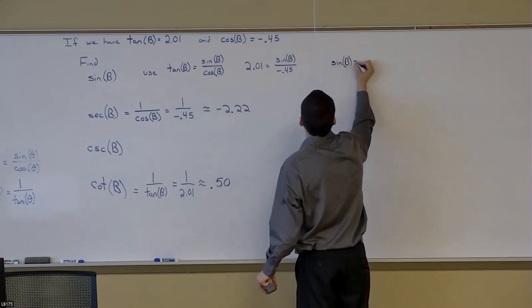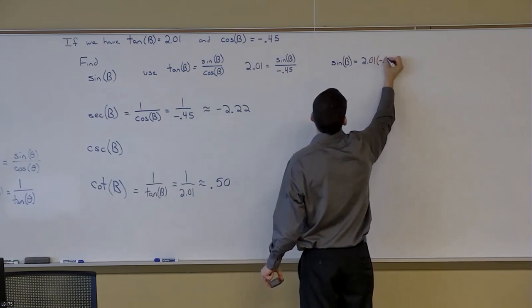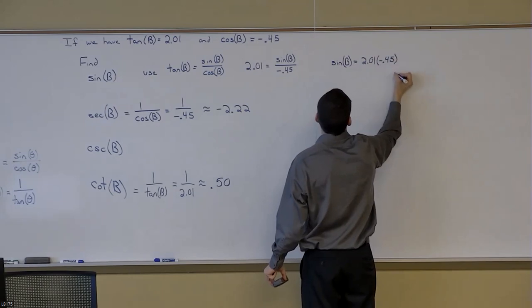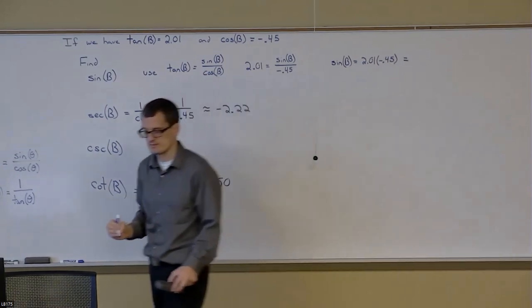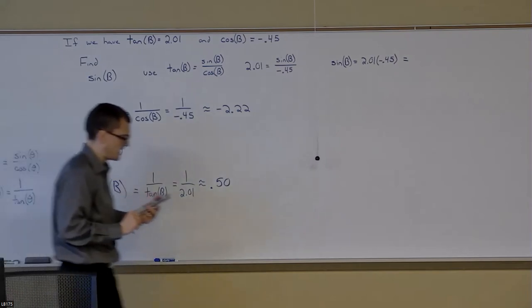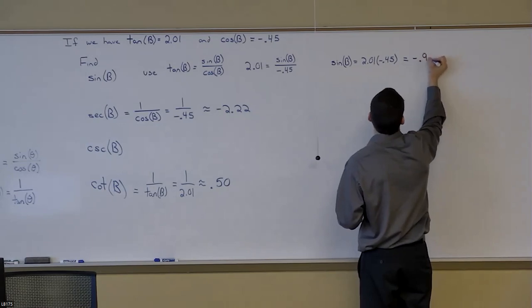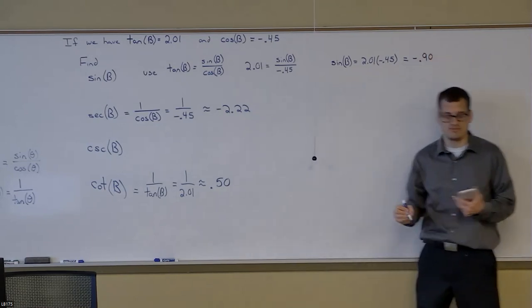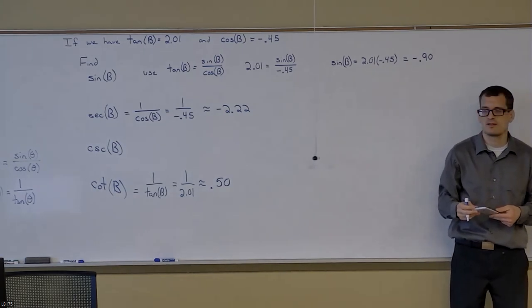Sine of B is going to be 2.01 multiplied times negative 0.45. I got negative 0.90 rounded to 2 decimal places, negative 0.9045 if I go out more. Does that work?